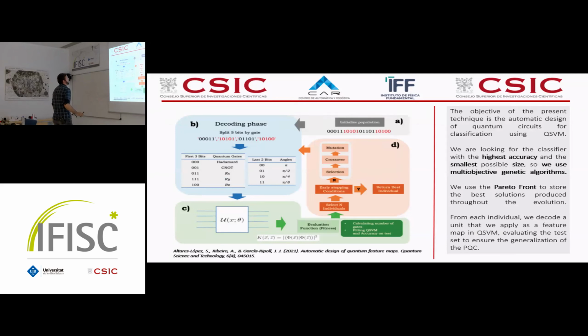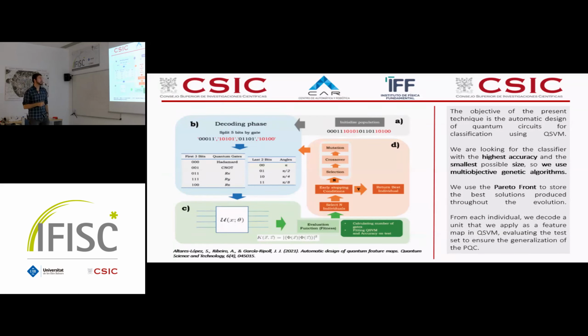So this is the general scheme of the technique we designed for tabular data in this case, but it's general. We have the initial population, then we split the gates, we get the quantum gates and the angles. We build the unitary as we have seen. Then we compute the quantum kernel.